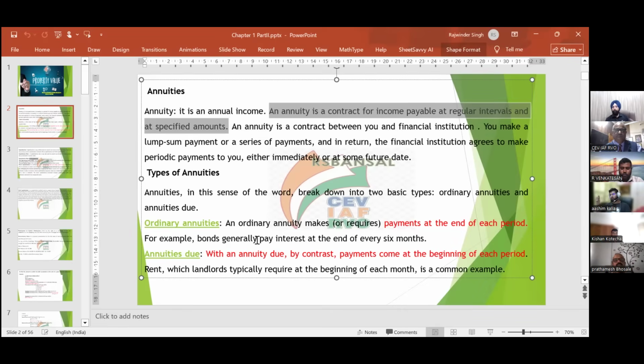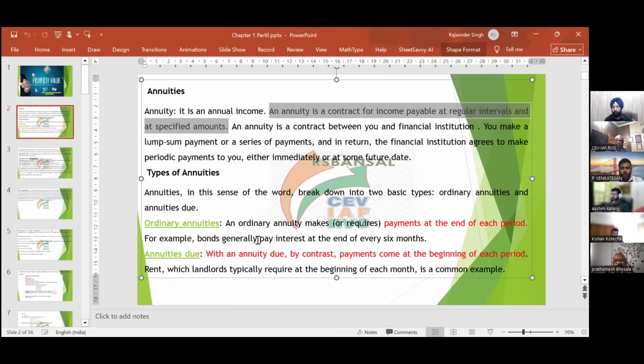You make a lump sum payment or a series of payments, and in return, the financial institution agrees to make periodic payments to you, either immediately or at a future date. We will discuss in detail in the coming slides. As of now, you must understand it is an annual income which is paid periodically to you.